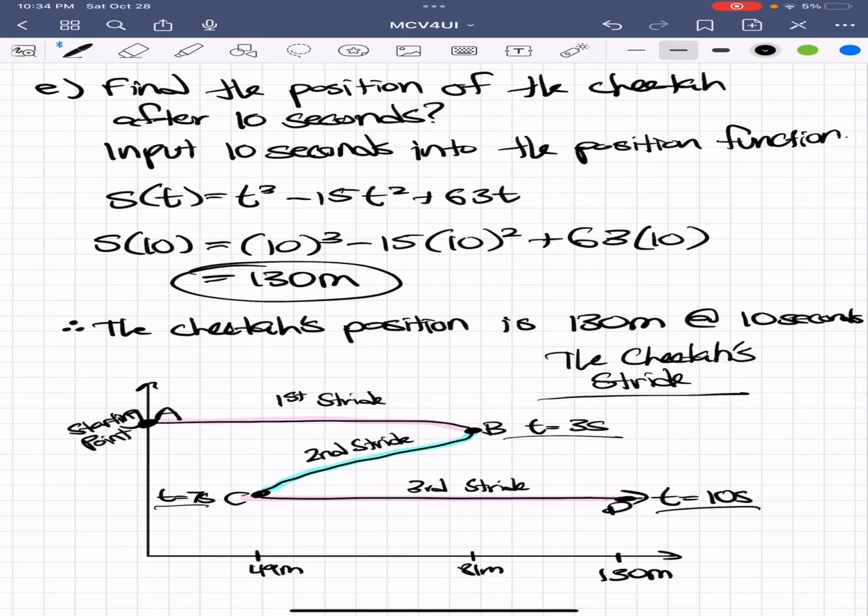And then we have points A, B, C, and D. And we have B is 81 meters, at the distance of 81 meters. And then we have the time as well, and then point C, the position of the cheetah is at 49 meters, and then at 10 seconds, point D, the position of the cheetah is at 130 meters. So there is that there.